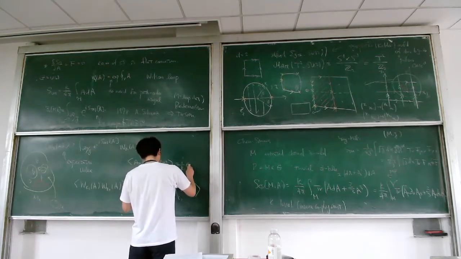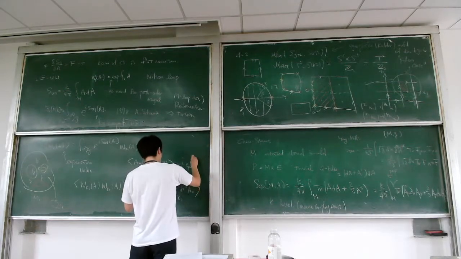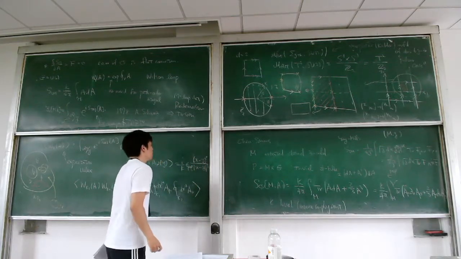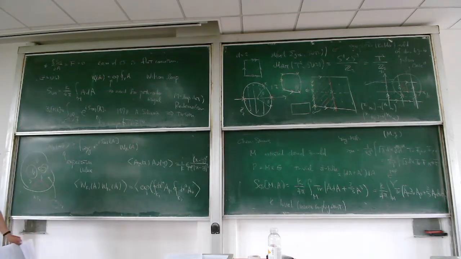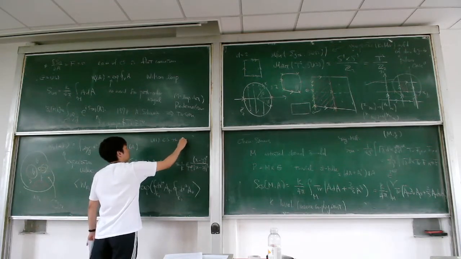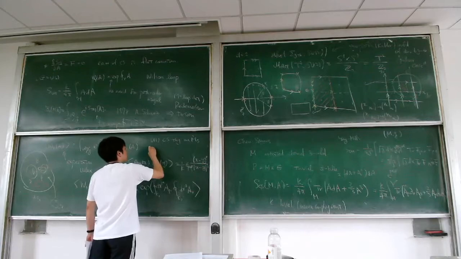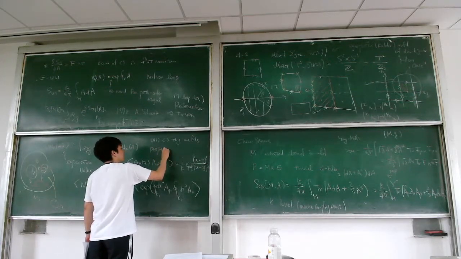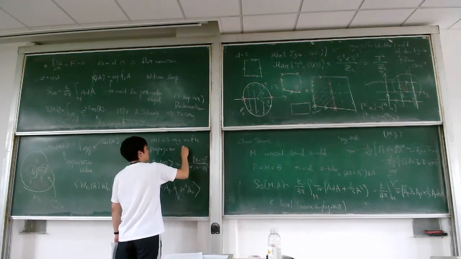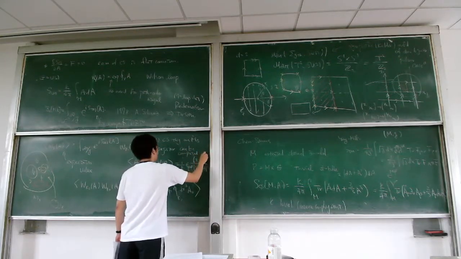It's the propagator. So in 3D Chern-Simons, the U(1) Chern-Simons 3D propagator can be computed easily, like this.